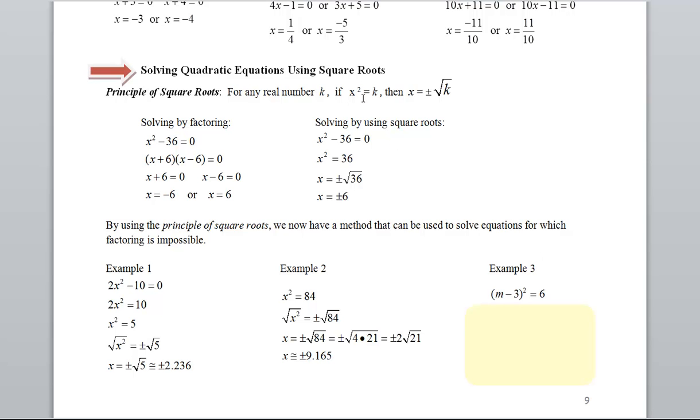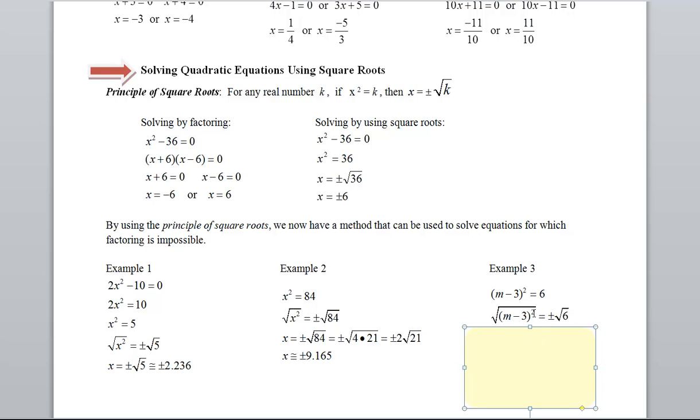Earlier, I don't know if you caught it, but I said that even if I had a parentheses that was squared, I could still use this process. So I've got a situation here. Take the square root of both sides because the squared item is already isolated on one side. And there's my plus or minus.